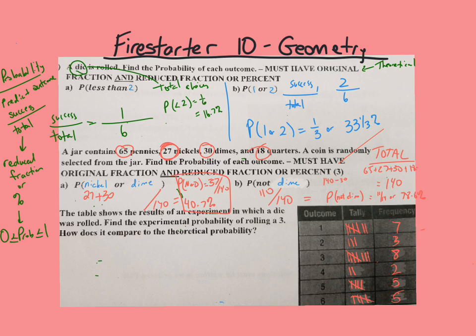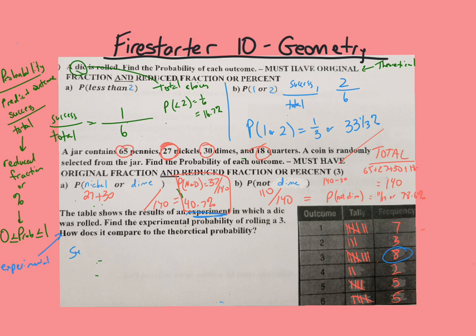Alright, last one. The table shows the result of an experiment. That tells me right away this is going to be experimental probability. Find the experimental probability of rolling a 3. How does it compare to theoretical probability? Well, I have to find the 3. There is 8 threes.